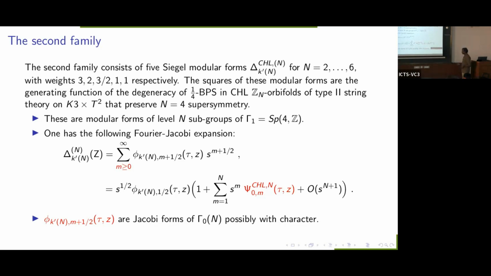These are all Jacobi forms of gamma 0 n with some character. The m equals n term here is not the same as that, but the statement is that some parts of it should be the same. That's why we need to go up to n.